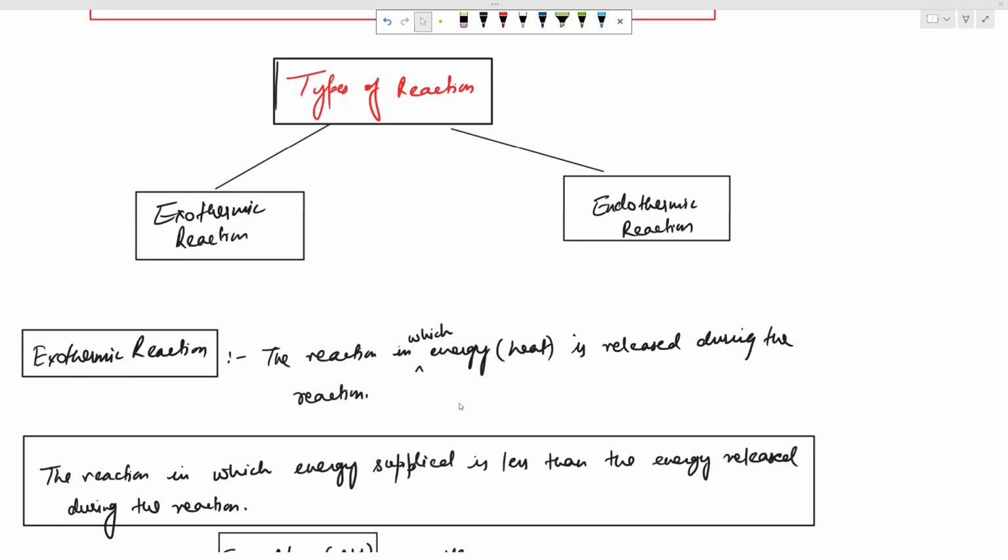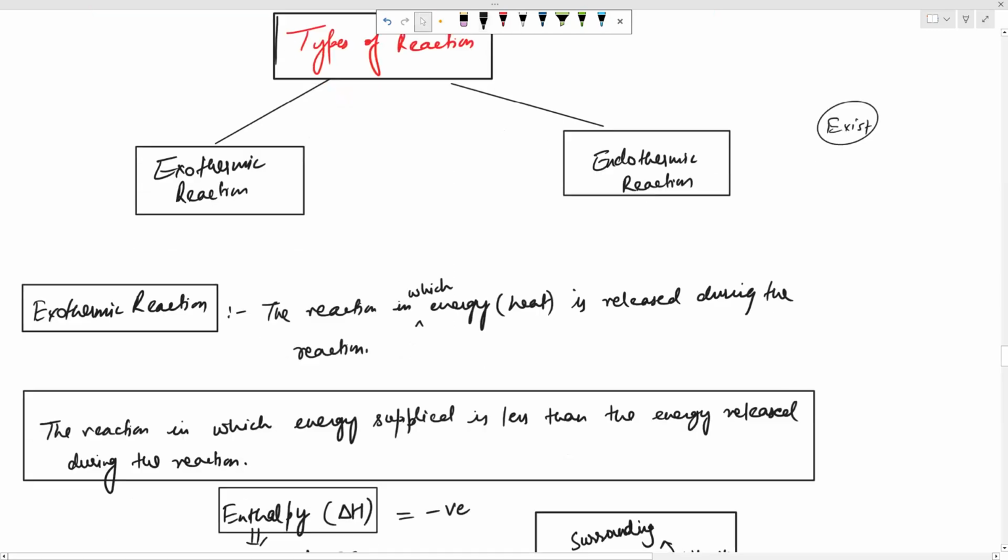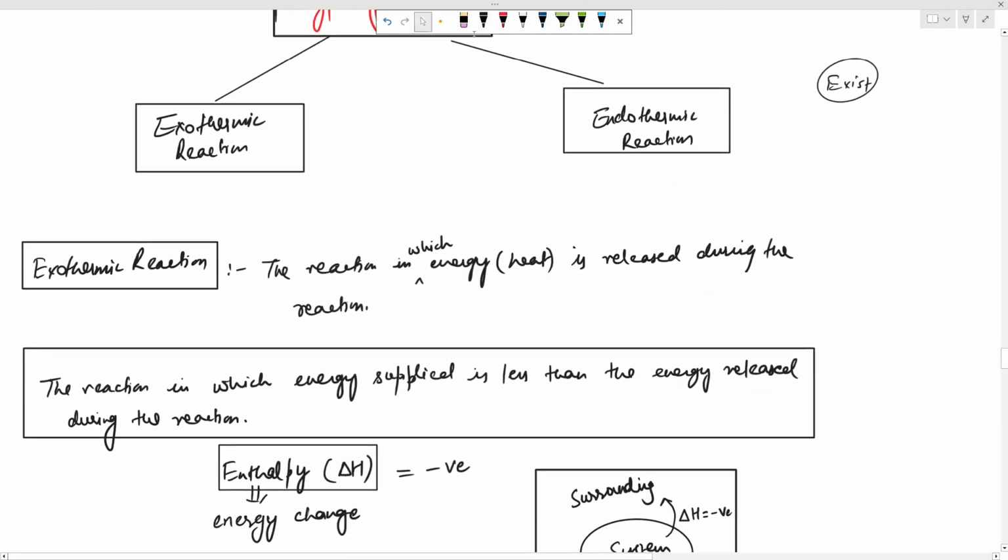What is an exothermic reaction? The word exo comes from exit. Exit means that heat is evolved, energy is evolved. So the reaction in which energy or heat is released during the reaction is considered an exothermic reaction. Got it?